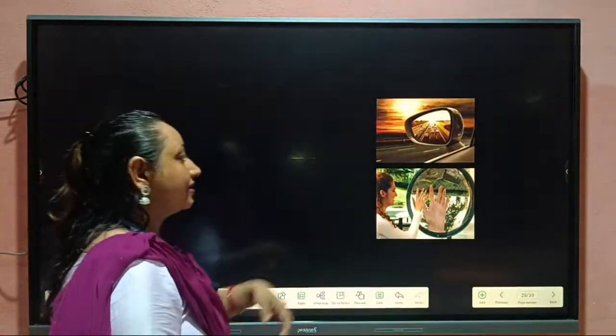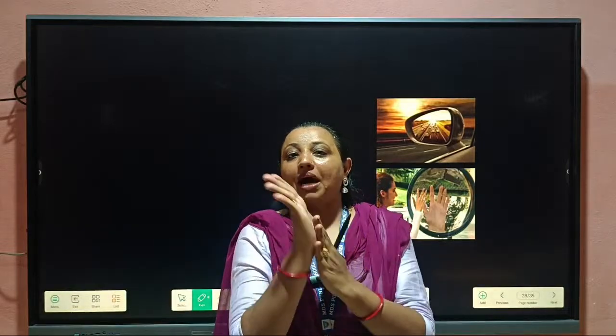Okay. So these are which type of mirrors? How you identify this is a concave mirror or convex mirror? How you identify? If it bulges outwards, इस तरीके से अगर बाहर की तरफ bulges है, उभार है, बाहर की तरफ निकला हुआ है, that is convex mirror.